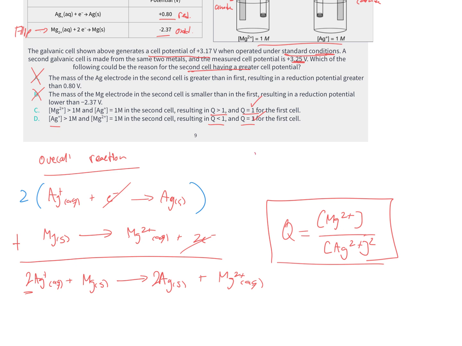If we remember the Nernst equation, it's E equals E naught minus RT over nF times the natural log of Q. And because we're subtracting, if this entire term goes up, then E should go down. If the entire term goes down, then E should go up.